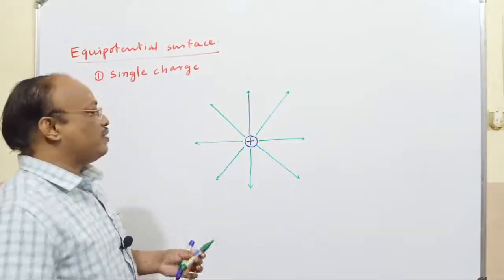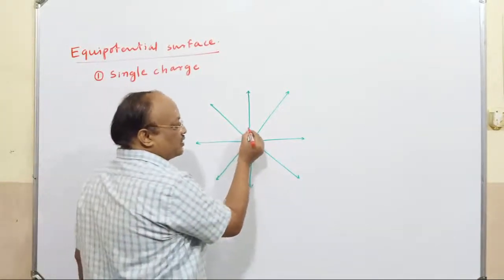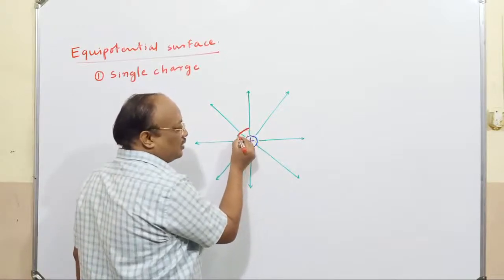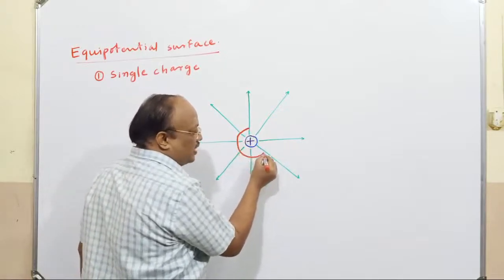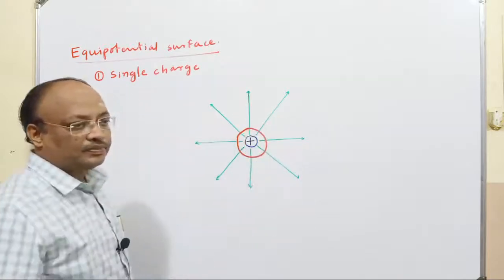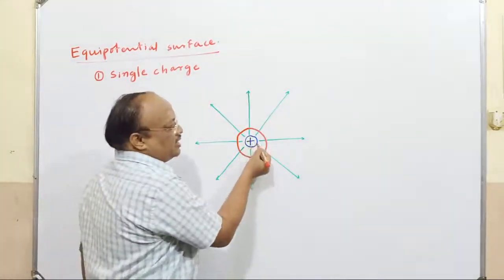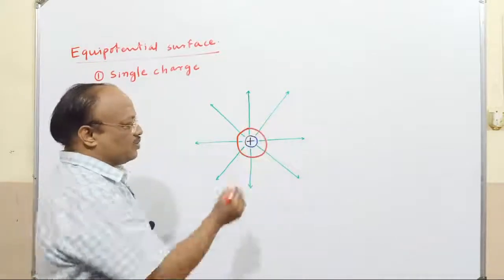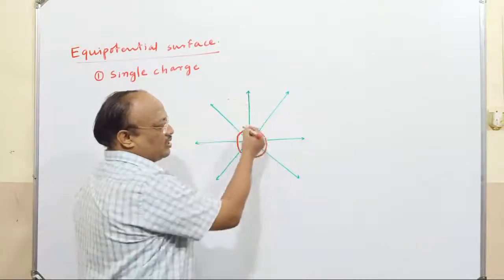Then how will our equipotential surfaces be? So this is one equipotential surface, say at some distance, some 2 centimeter from it.